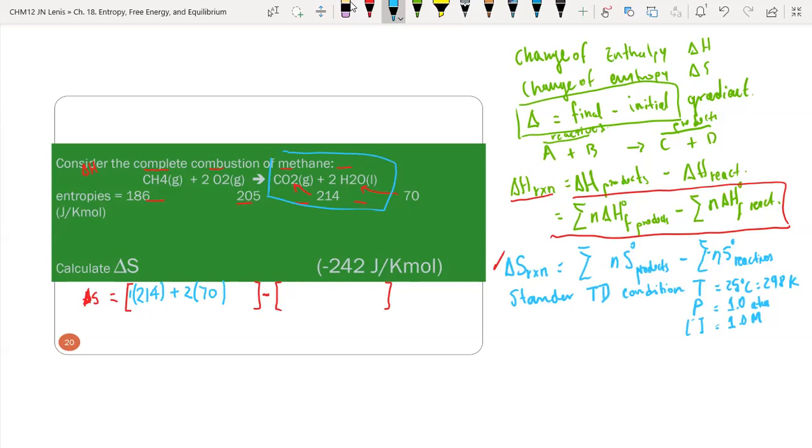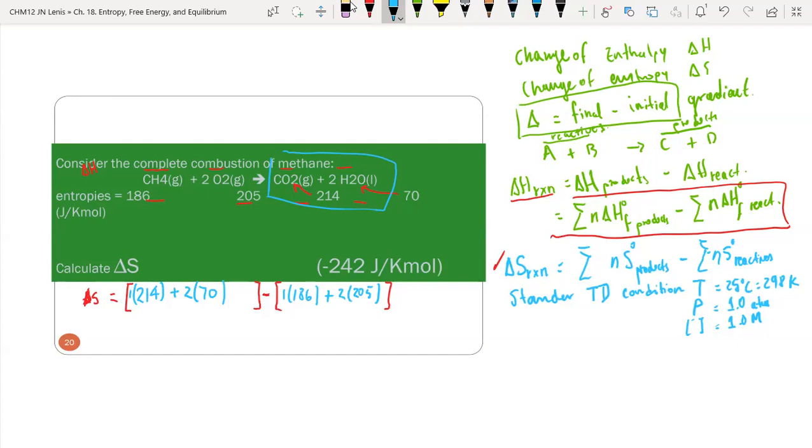Now, minus the sum of n standard entropies of reactives. So we have 1 CH4, that's 1 times 186, plus we have 2 oxygens there, and the oxygen has a standard entropy of 205.